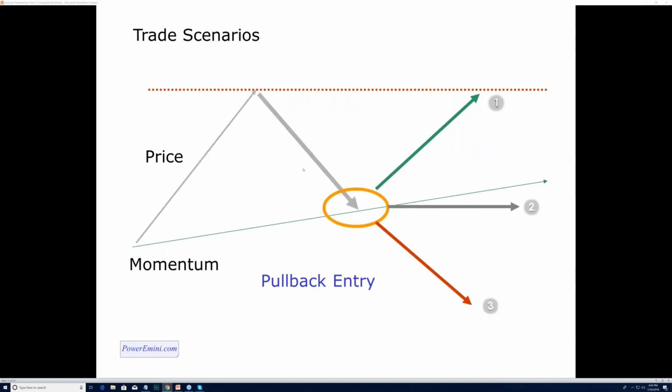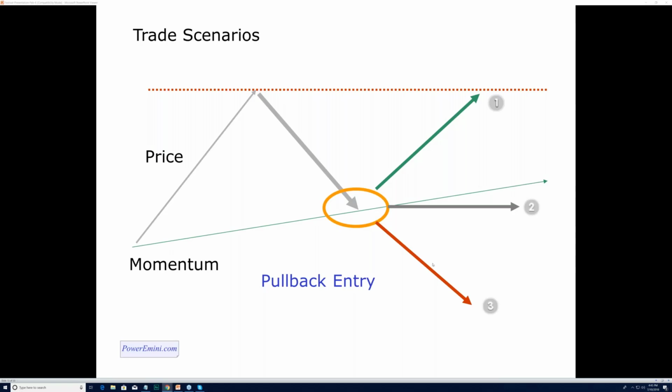All right, so let's take a look at the pullback entry. So here's our concept where price surges, pulls back to our area of support where we're expecting a bounce now, right? And we could take our entry, and here's our 3 scenarios. Either the trade works, goes back in our direction, either goes back up to this area of resistance and stops there, or it continues on, right? Trend continuation.